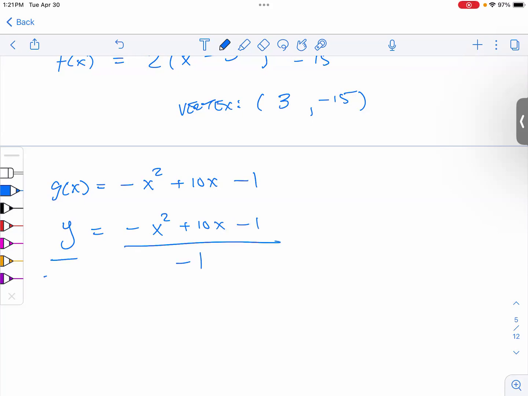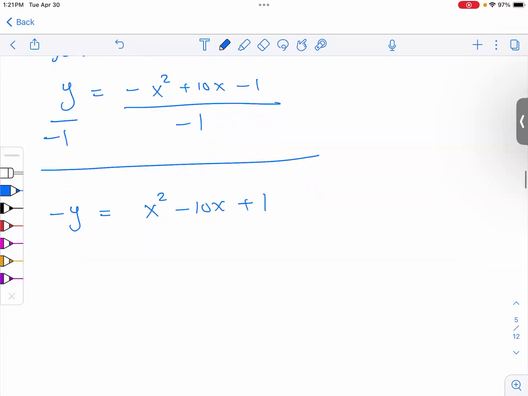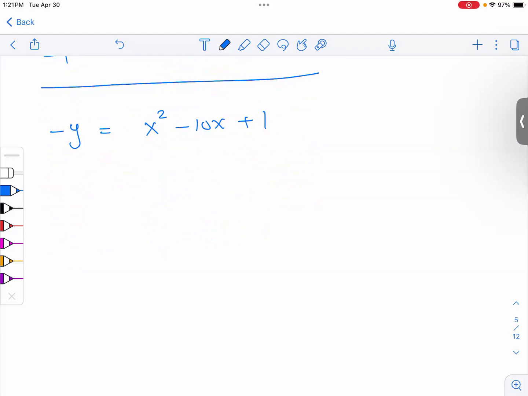So I'm going to divide both sides by -1. And then I need the x's alone, so I'm going to subtract 1 from both sides.